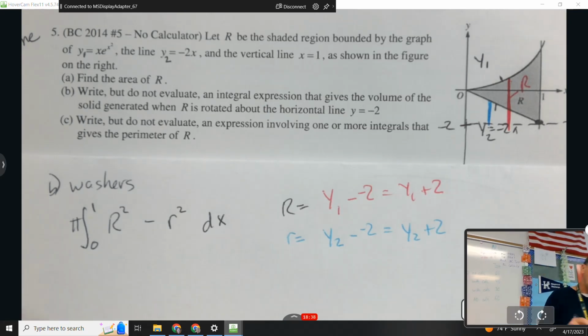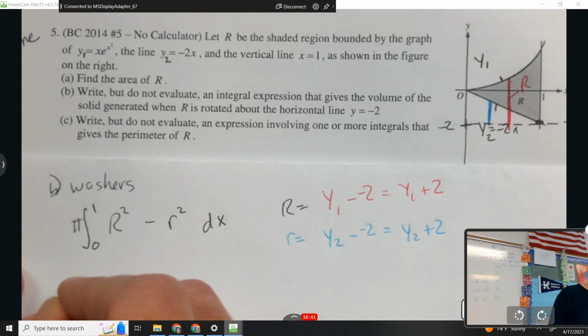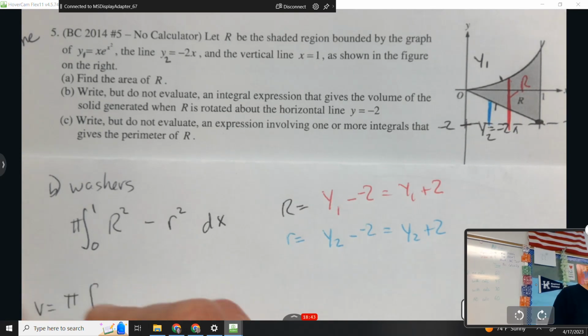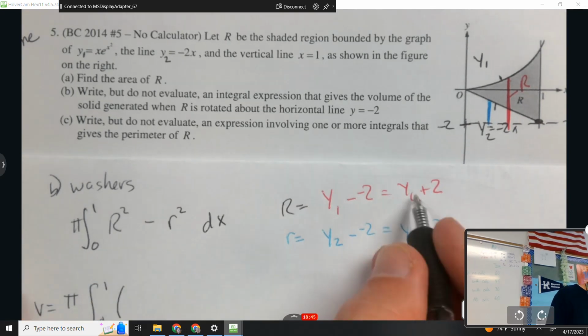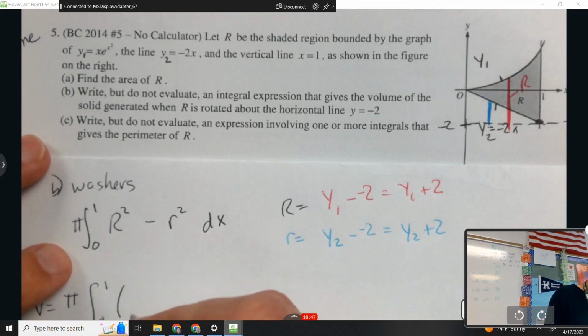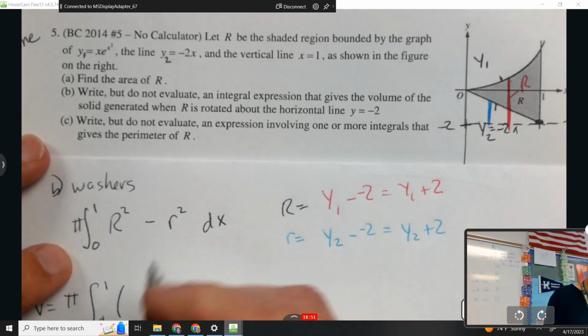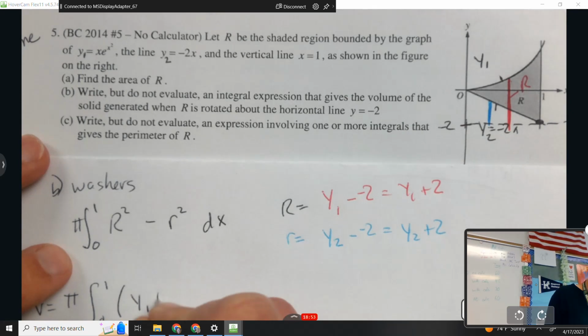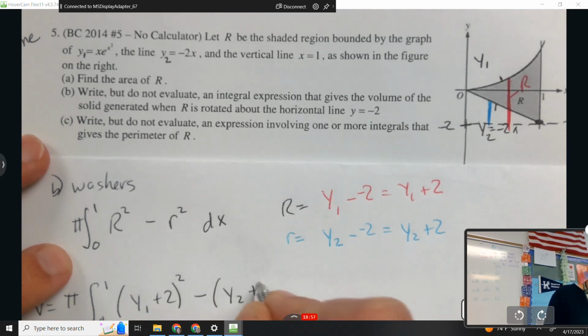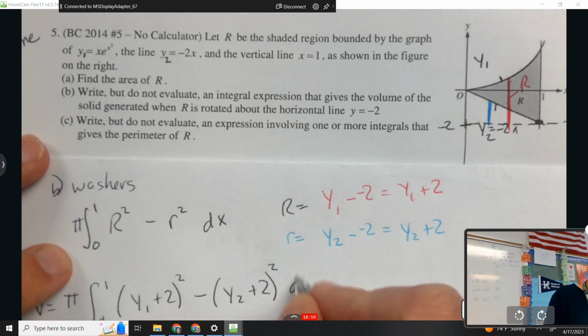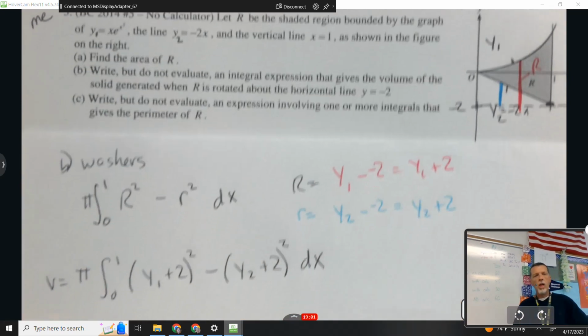Or no, I plugged it in. Yeah, I think you would need to plug it in. 0 to 1. If I defined y1, then I should be okay to just leave that as y1 plus 2 squared minus y2 plus 2 squared dx. There we go, no touchy.